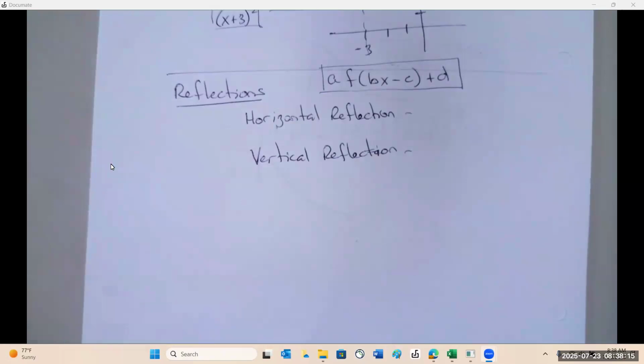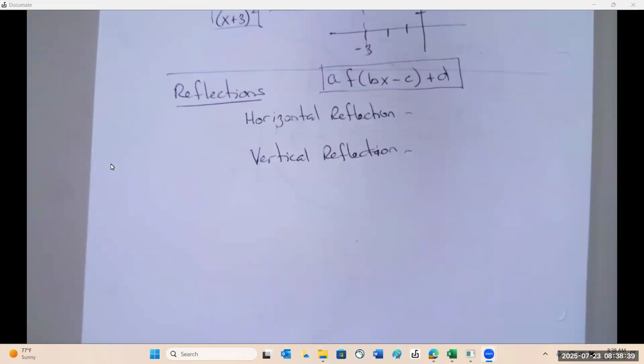What causes a horizontal reflection? Which one? Nope.